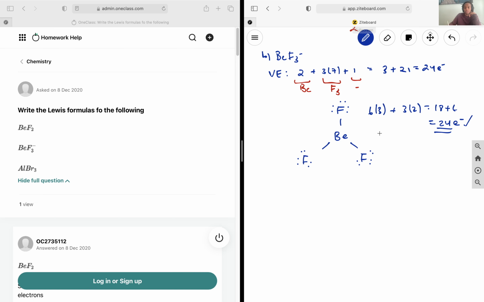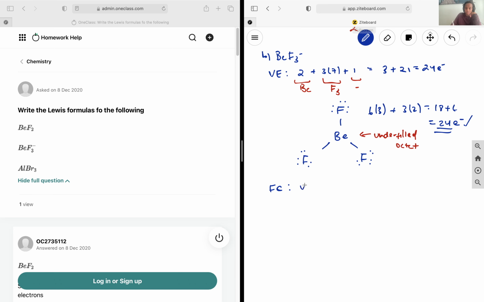And so let's go ahead and check our formal charges. And again, this is going to be allowed because the beryllium will again have an underfilled octet. So now let's go about checking the formal charges.